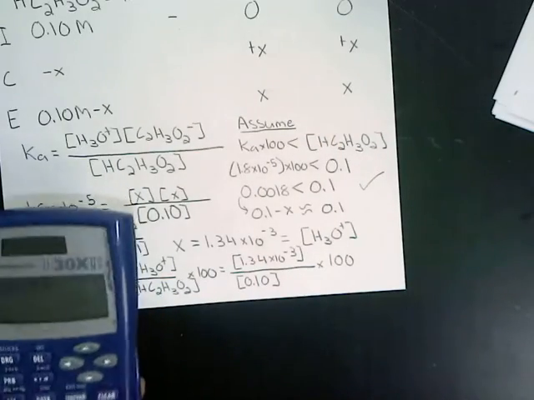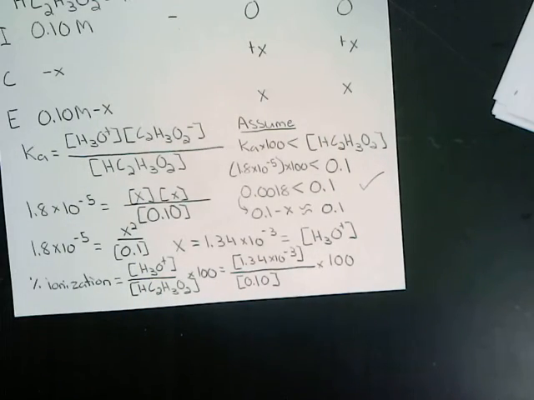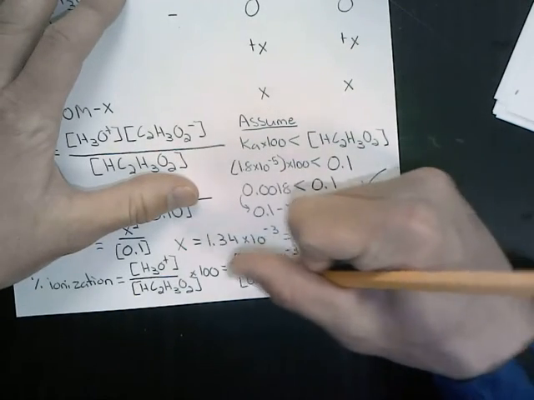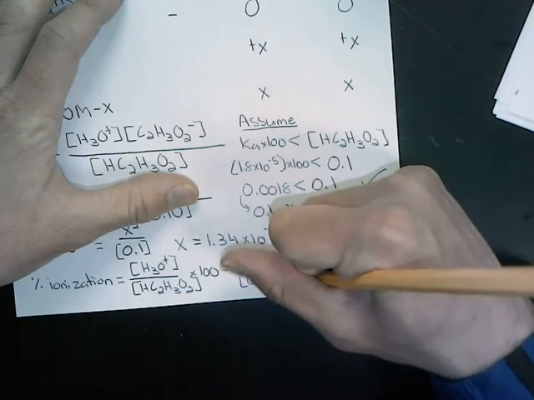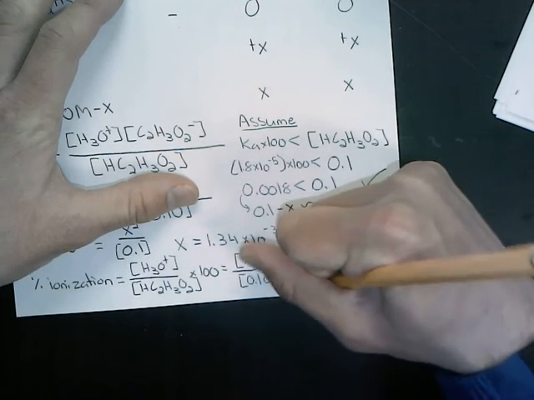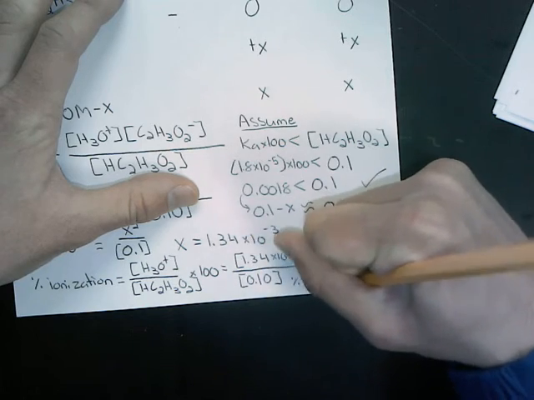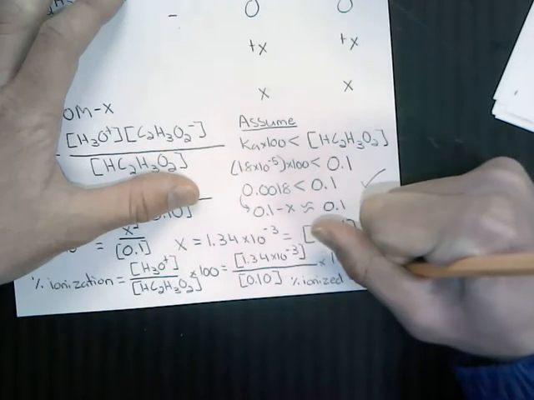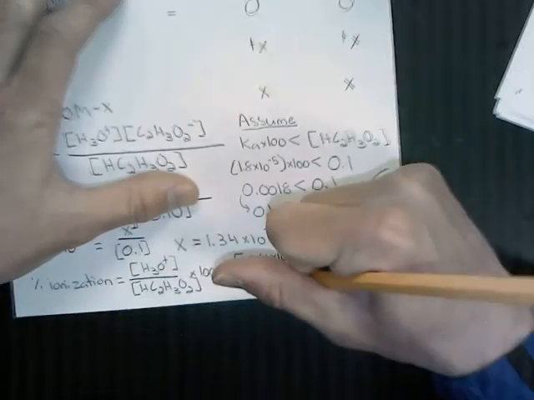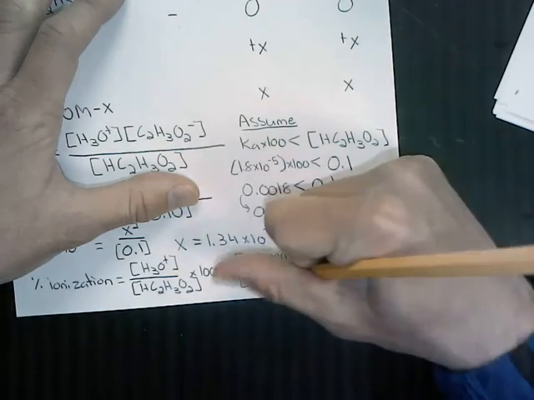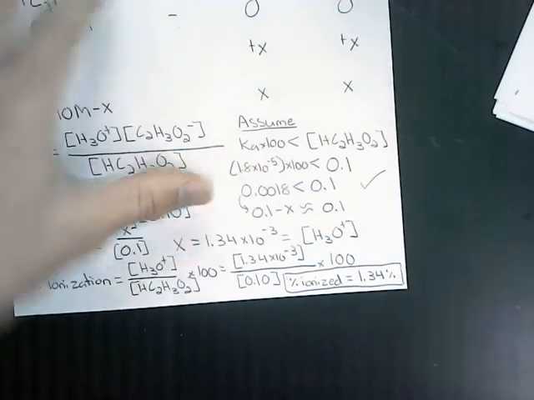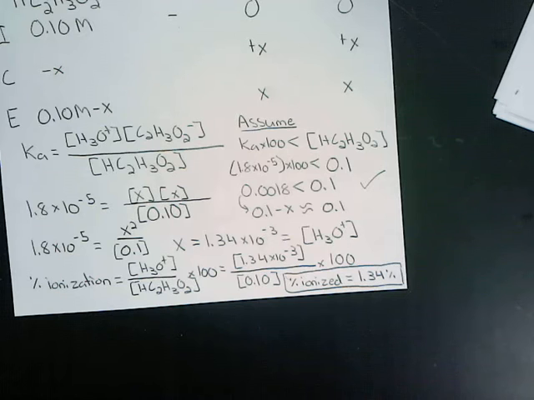Okay, so our percent ionization of our acid is 1.34%. I'm running out of room here, but our percent ionized is 1.34%.